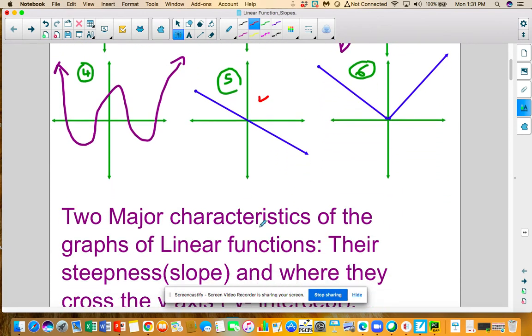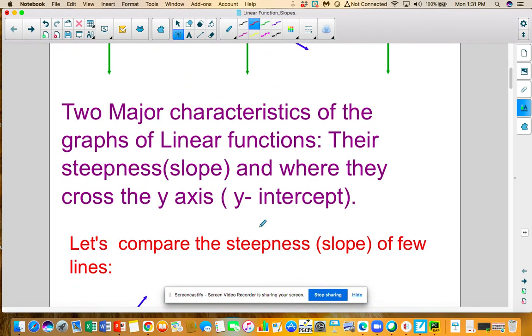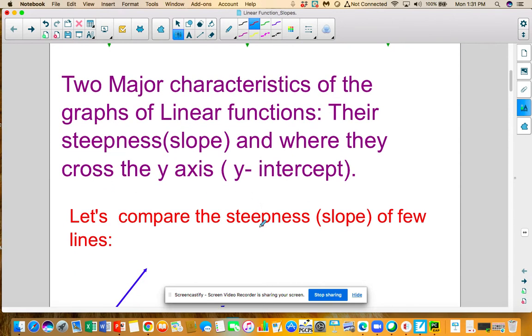Now, I want us to focus in this lesson on two characteristics of linear functions. That is the slope, that's known as the steepness. So when we talk about slope, think about a line's steepness, right?